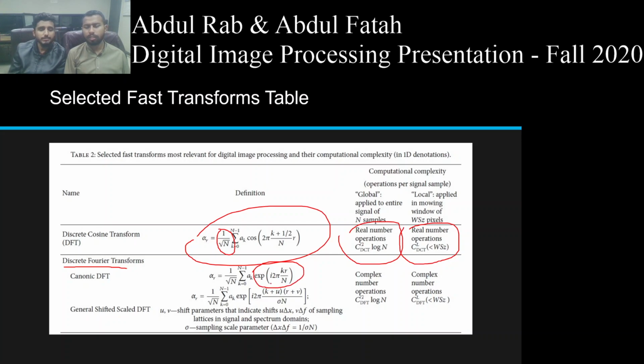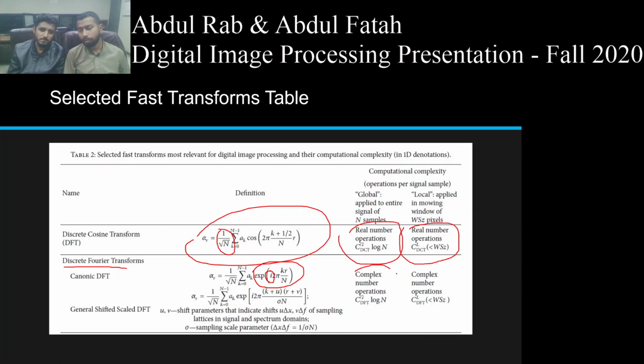The most famous identity, Euler's identity, is e^(iθ) equals cos θ plus i sin θ. But it is global. We will have complex numbers. In the cosine transform we had real number operations, but in the discrete Fourier transform, as we see, i is still visible.